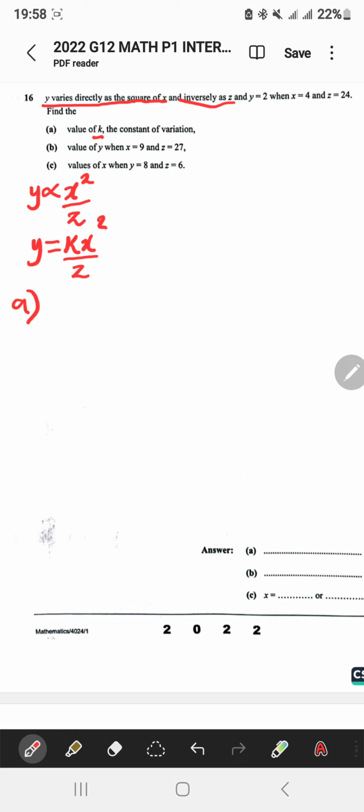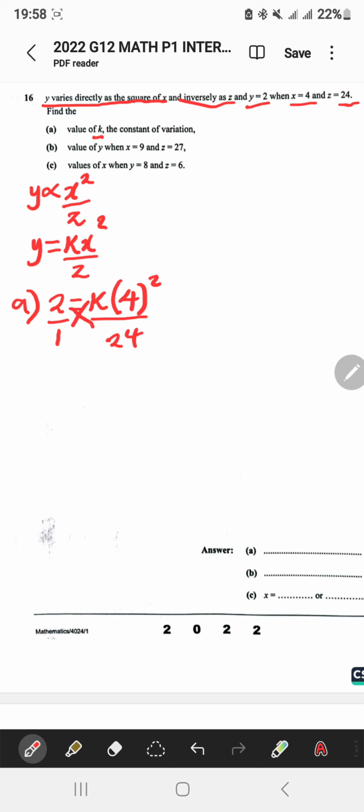To answer the question, we are going to substitute the values given. So y is equal to 2, so we'll substitute y with 2 is equal to k. When x is equal to 4, we'll substitute x with 4 squared, over z, and when z is equal to 24, we substitute 24. Then we now evaluate the equation. In this case, we are going to introduce over 1 and simply cross multiply.